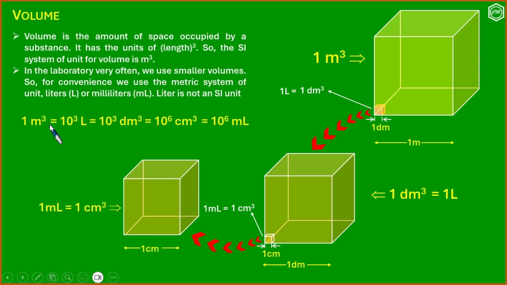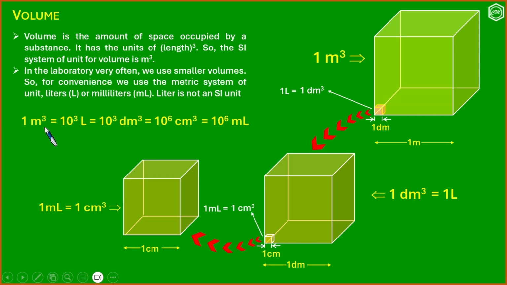So 1 meter cube is equal to 10 raised to 3 liter. And that is equal to 10 raised to 3 decimeter cube, because 1 liter is equal to 1 decimeter cube. And this will be equal to 10 raised to 6 centimeter cube. And a centimeter cube is equal to ml. So therefore, that is equal to 10 raised to 6 ml.